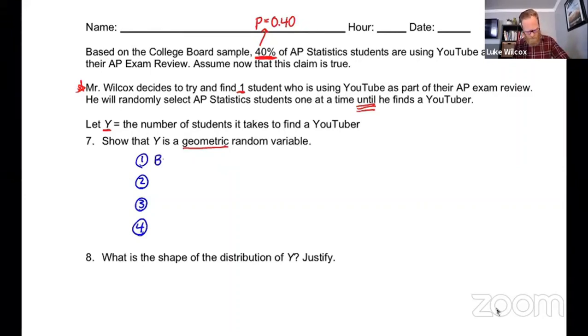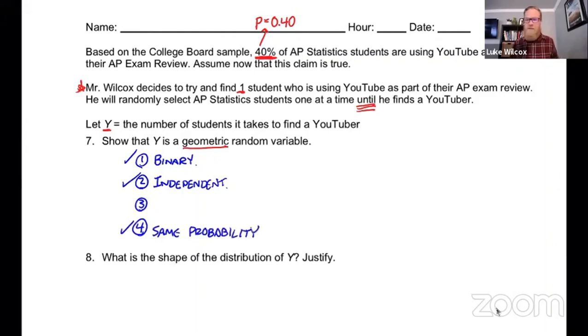So that first one, the binary condition, where each trial is a success or failure, same condition. Second condition, independent, where we knew this was satisfied because we had a random sample, and also the 10% condition was satisfied, that's the same. And then number 4, the same probability of success for each trial. That's exactly the same as it is for a binomial.